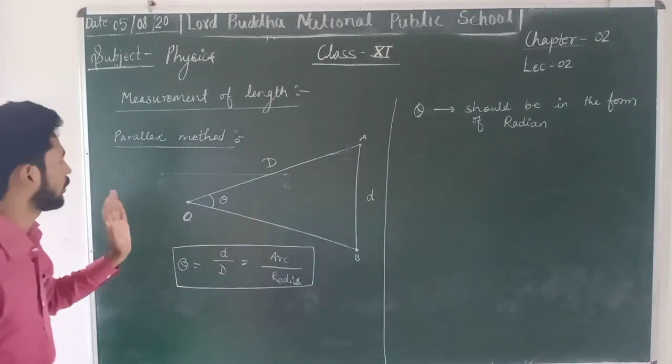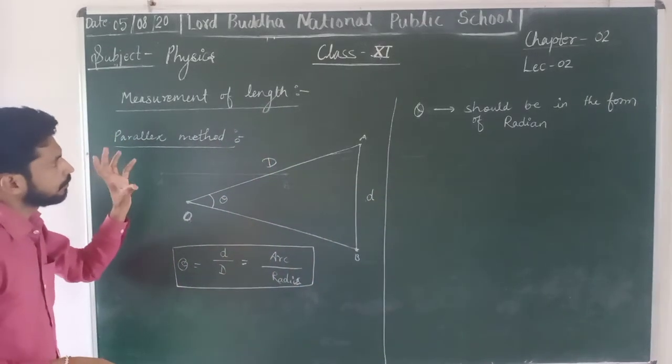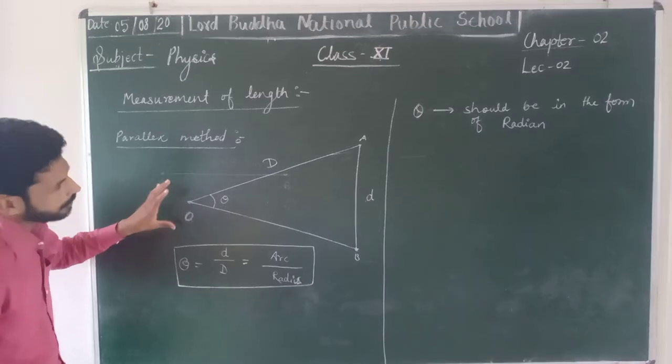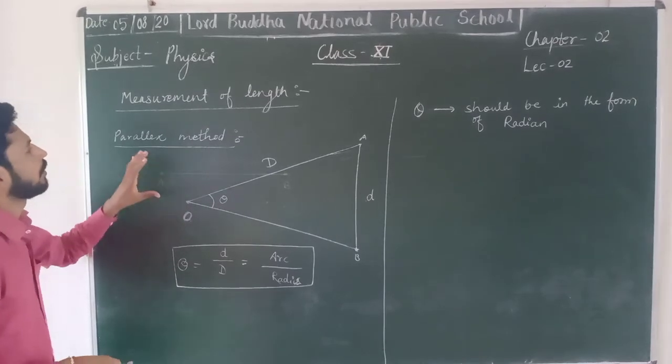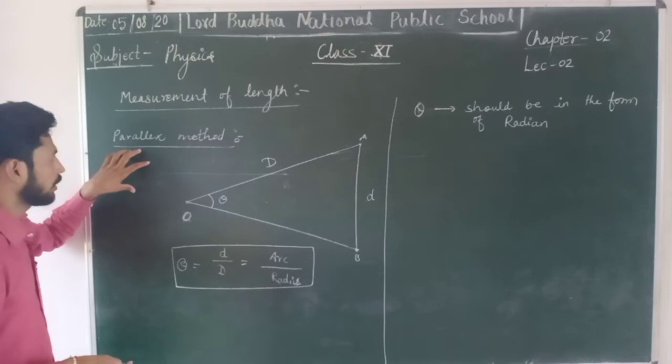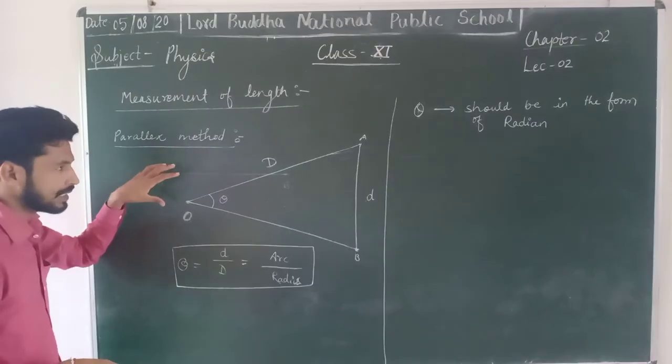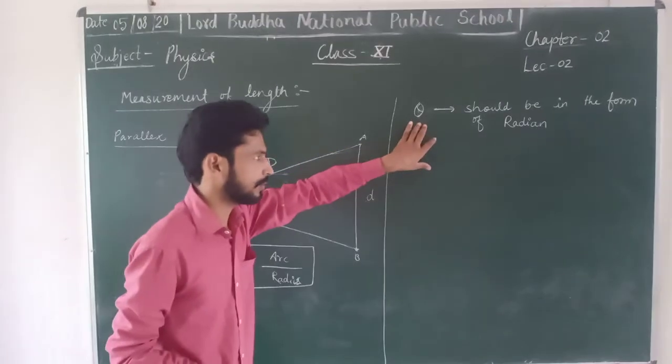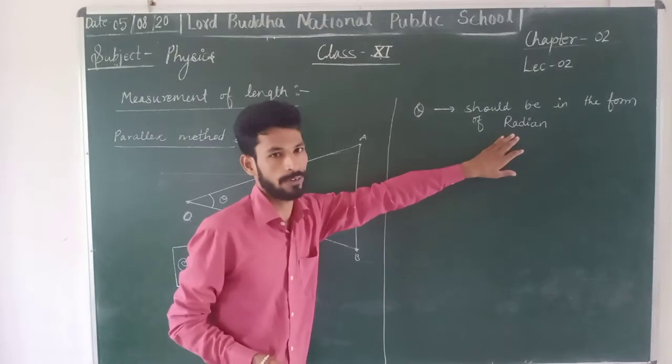If we solve a problem of this type using the parallax method, theta should be in radian form.